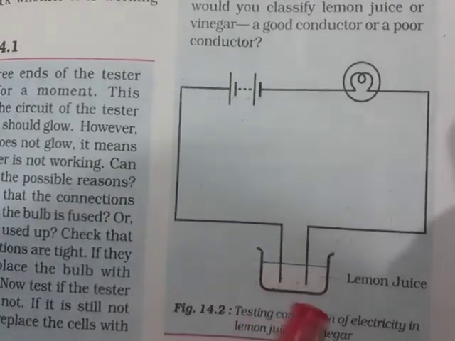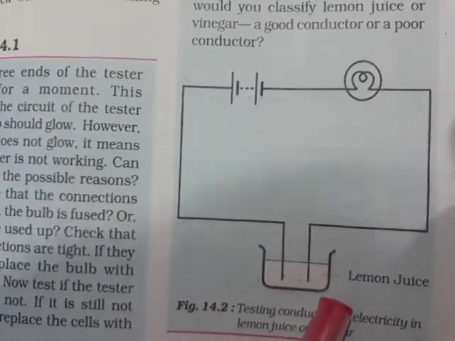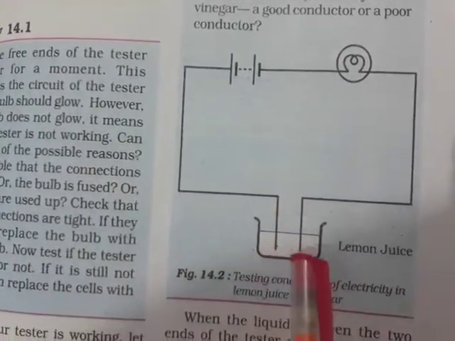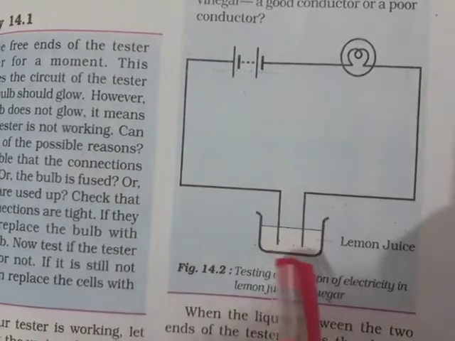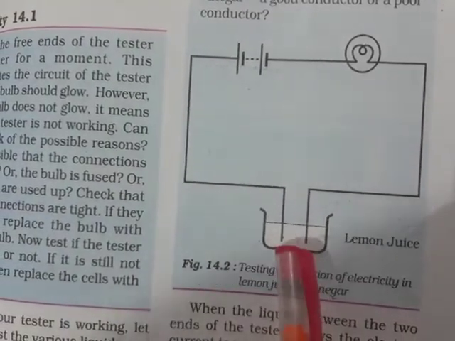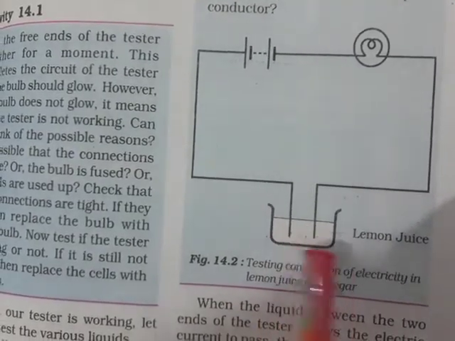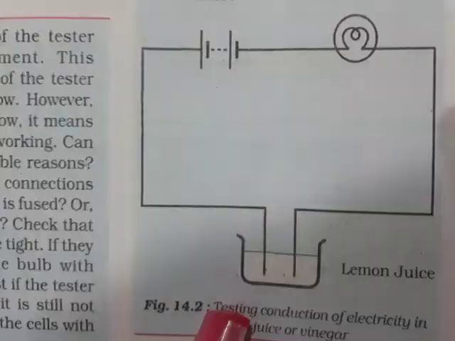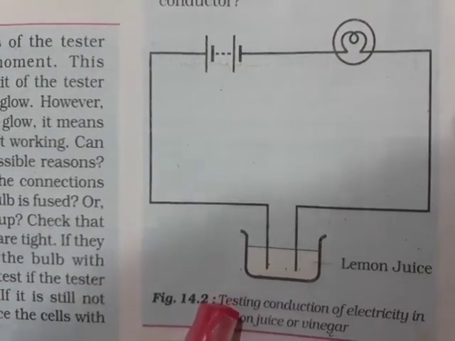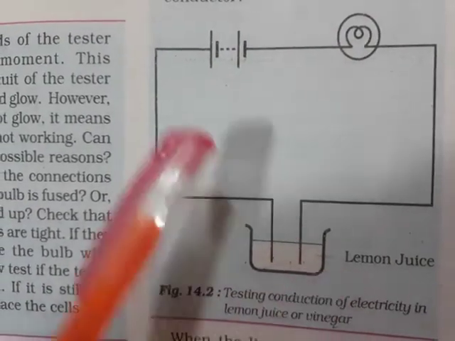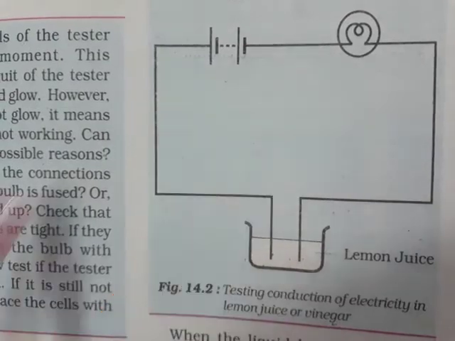It should not be made of metal. The distance between these free ends of the wire should not be more than 1 centimeter and they should not touch each other. Lemon juice and vinegar conduct electricity, so this bulb glows.